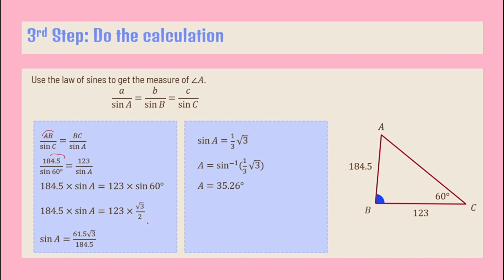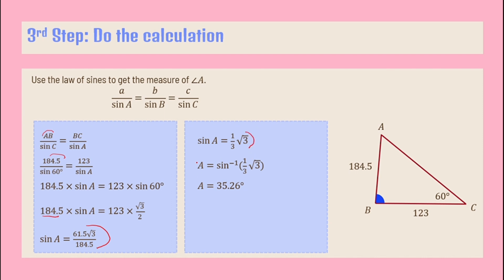And then we divide both sides by 184.5. So we got sine of A equals 61.5 square root of 3 over 184.5. And this part equals 2 square root of 3 over 3.